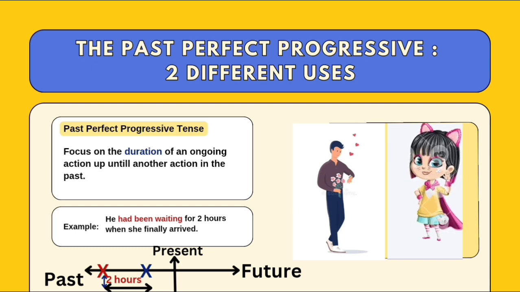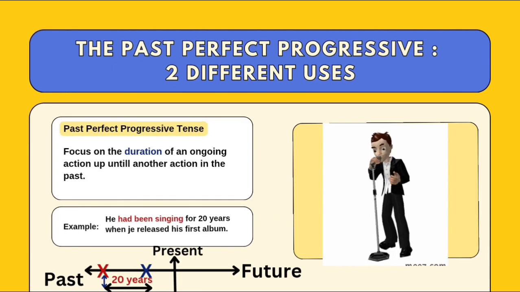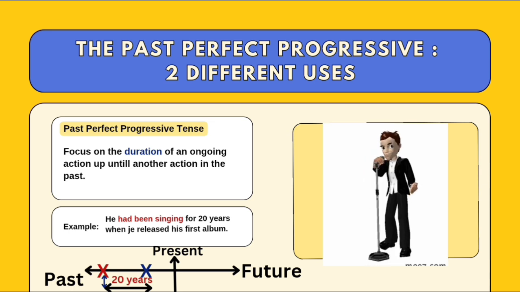She finally arrived. One more example. He had been singing for 20 years when he released his first album. So 20 years of singing, and then boom, he released his first album.